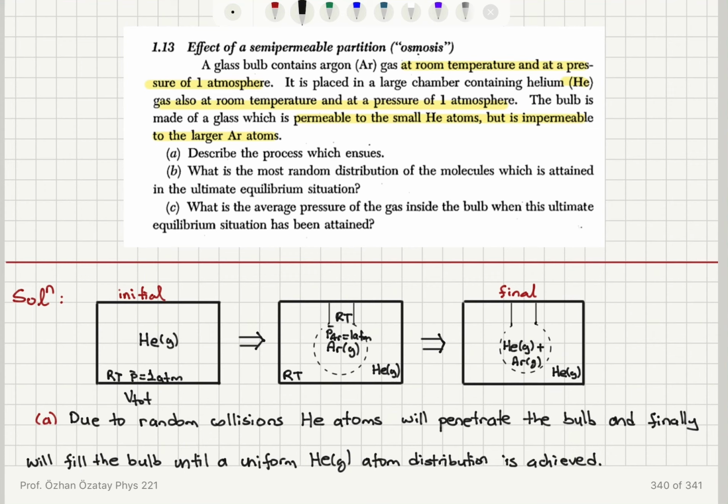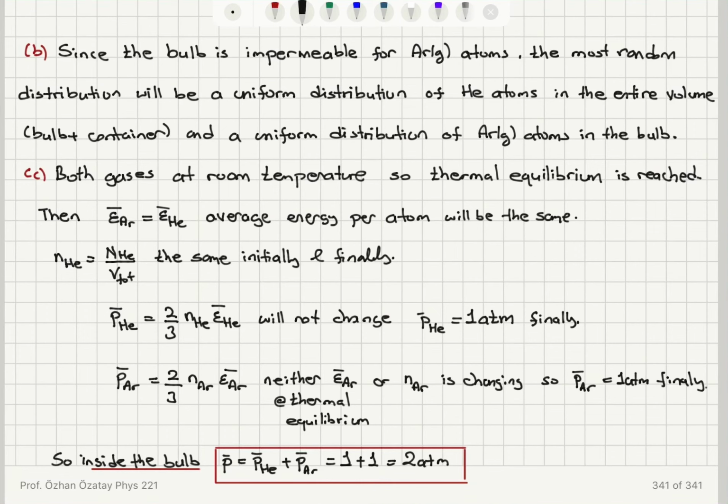However, since the argon atoms cannot go through the glass, they will be filling the glass bulb and forming a uniform configuration inside the bulb only. So we will see uniform helium atoms in the entire container, and a uniform distribution of argon atoms in the bulb.